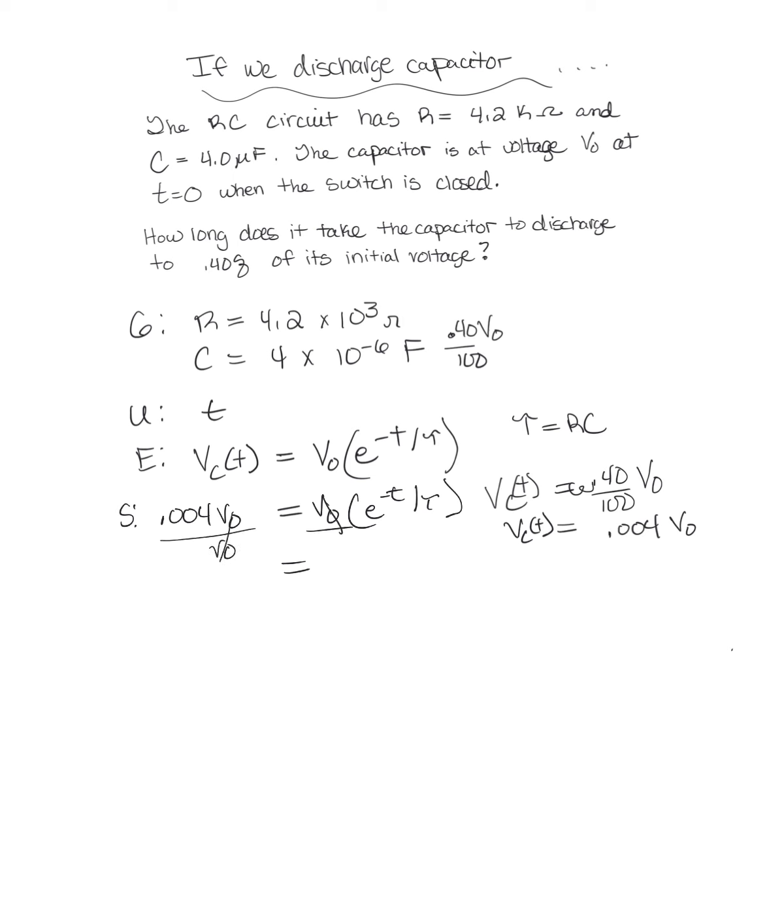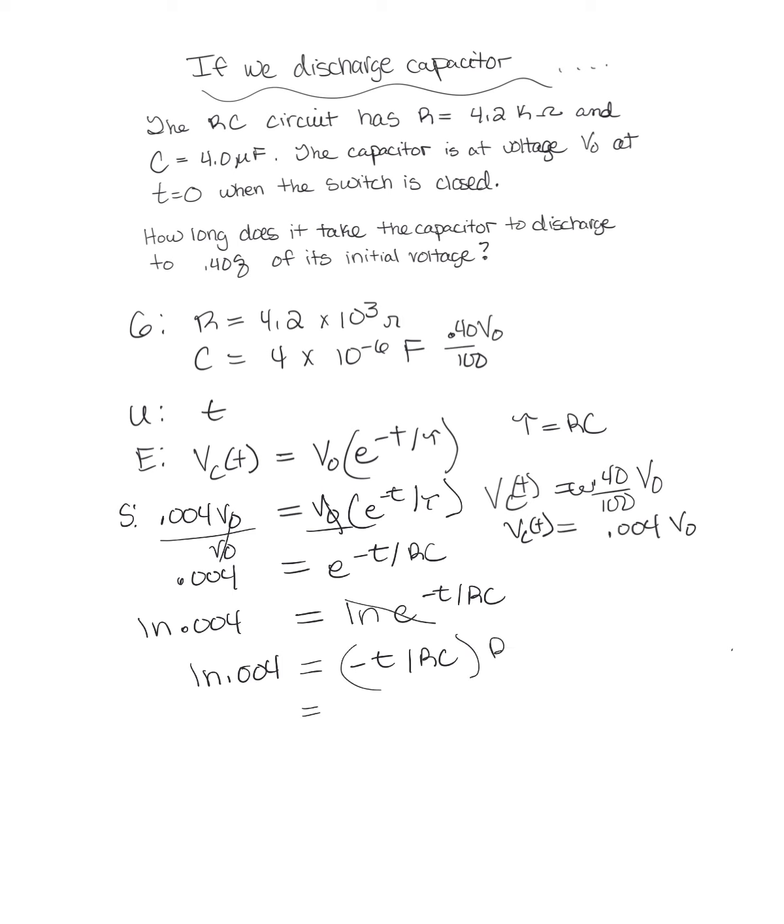Now we have 0.004 equals e to the minus t divided by tau, and I'm going to take this tau and sub it in for RC so we see that clearly. We're going to need to take the ln of both sides to get this exponent down so we can do something with it. So the ln of e goes away, it's just 1. Then we have negative t divided by RC equals the ln of 0.004.